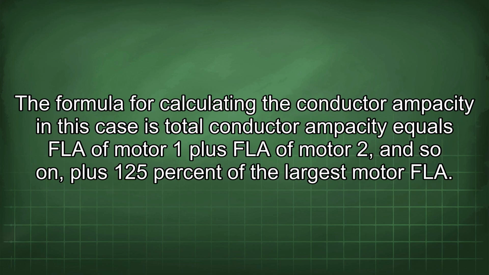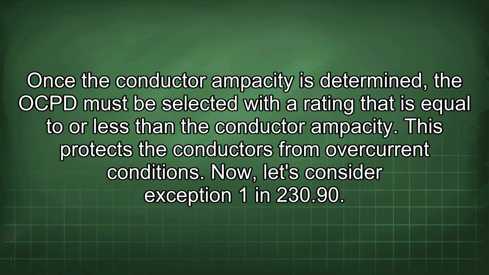The formula for calculating the conductor ampacity in this case is total conductor ampacity equals FLA of motor 1 plus FLA of motor 2, and so on, plus 125% of the largest motor FLA. Once the conductor ampacity is determined, the OCPD must be selected with a rating that is equal to or less than the conductor ampacity. This protects the conductors from overcurrent conditions.